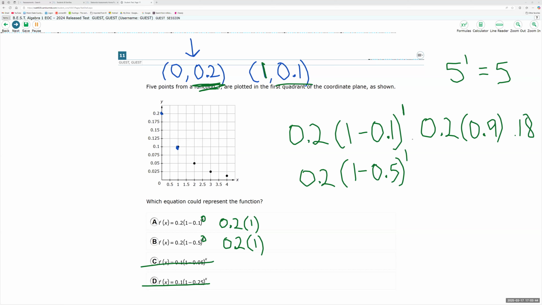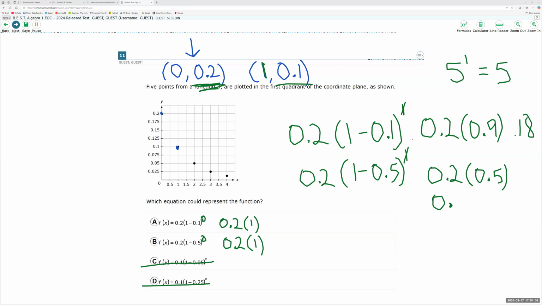But this one, 1 minus a half is a half. So it's 0.2 times a half. What is half of 2? It's 1. What is half of 0.2?